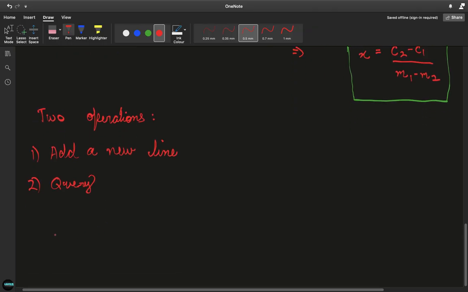So we maintain some data structure like a double-ended queue, which is called a deque, and we store all our x values in increasing order. What that means is we maintain pairs of lines and the x value at which they become useful.